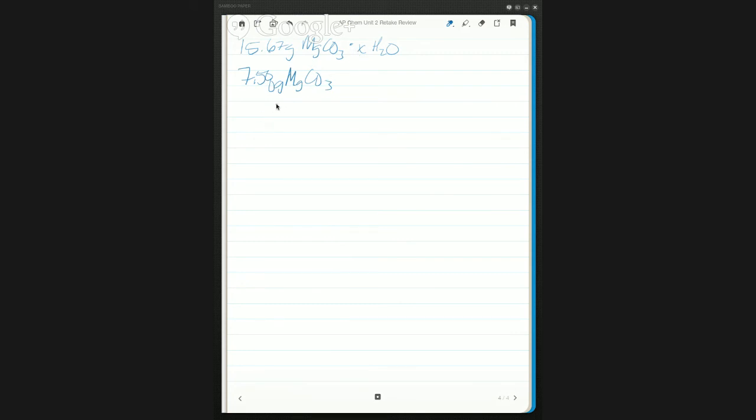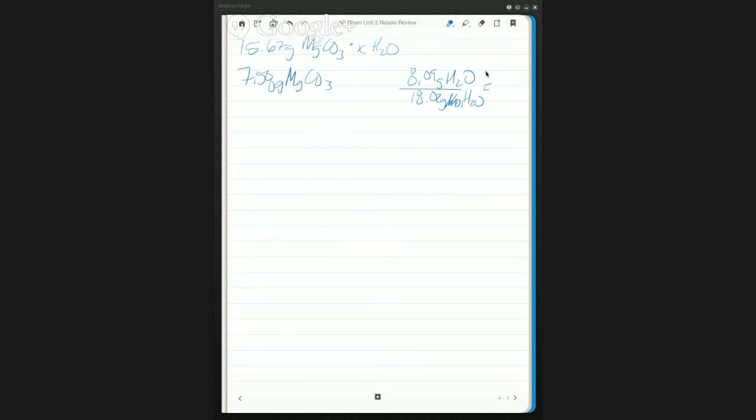So if you had 15.67 to begin with, minus 7.58, then you end up with 8.09 grams of water. So we're going to divide this by 18.02 grams per mole of H2O.